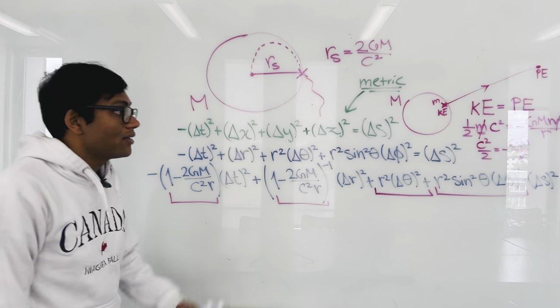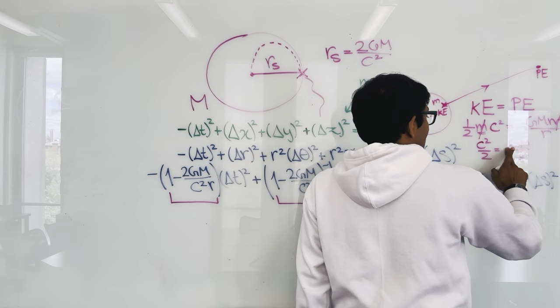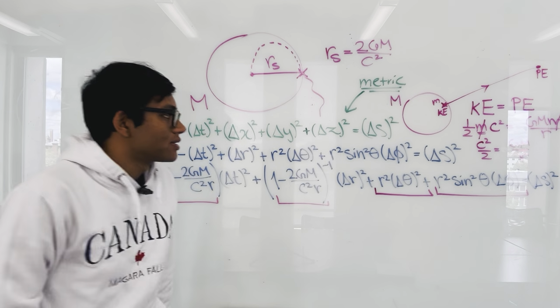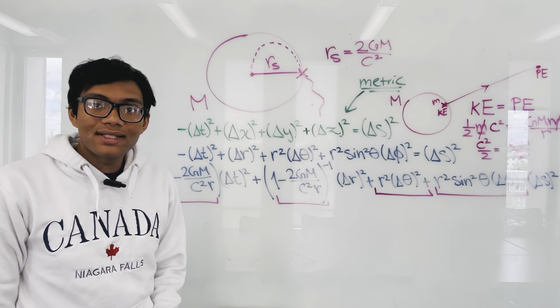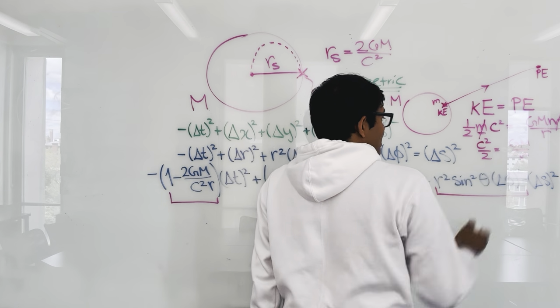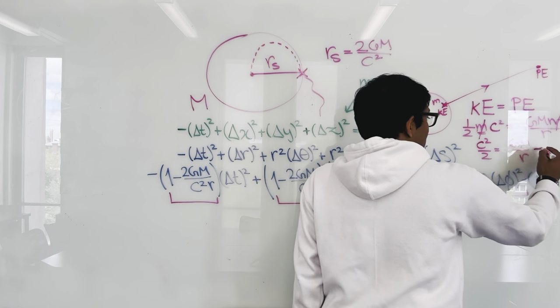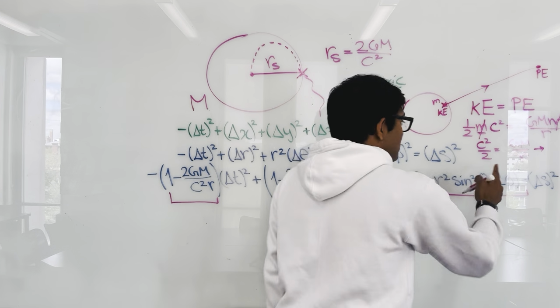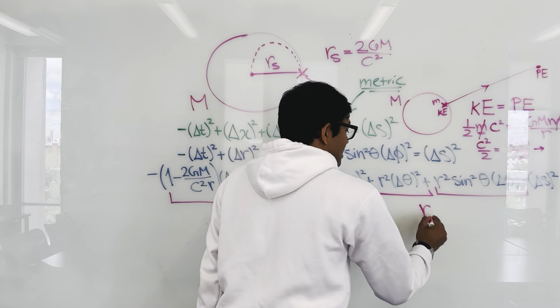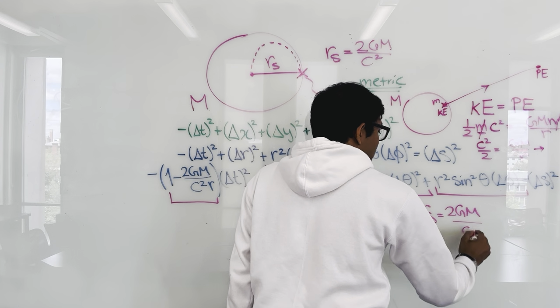Okay, so now I can just write GM over r. So now I can just solve for the radius of the black hole, solve for r. So I can bring c squared to the other side, bring 2 to the other side, and I don't know if I'll have enough space here, so let's move down here. So this tells us that the radius of the black hole is 2GM over c squared.